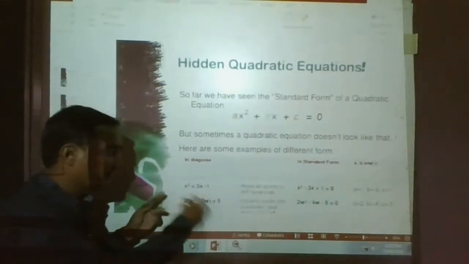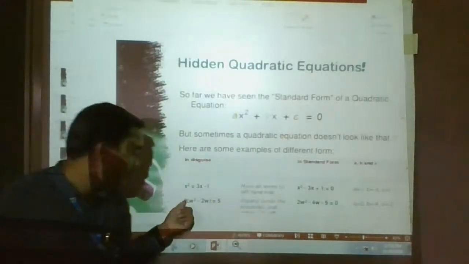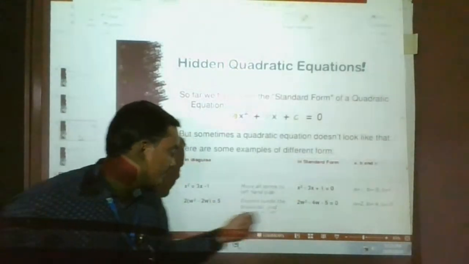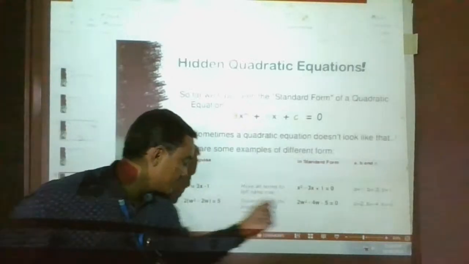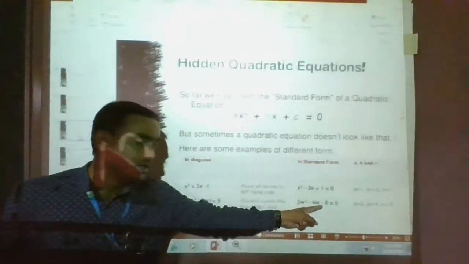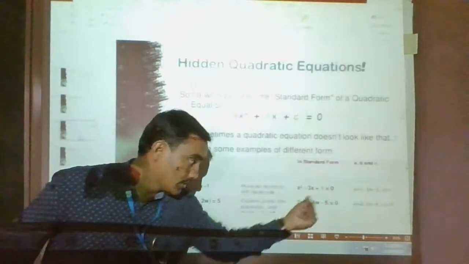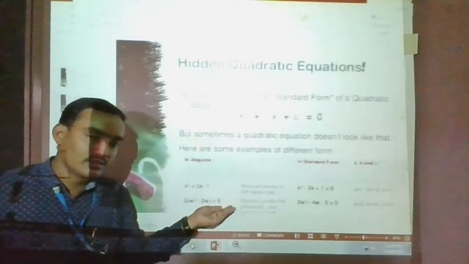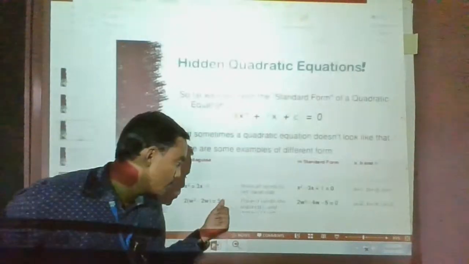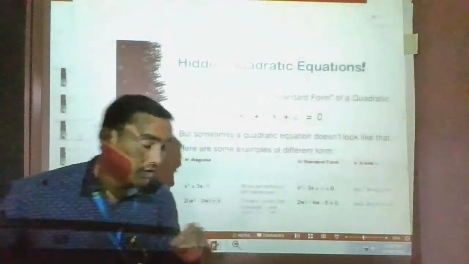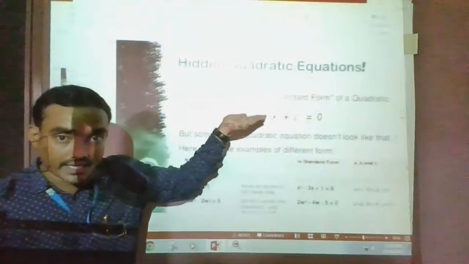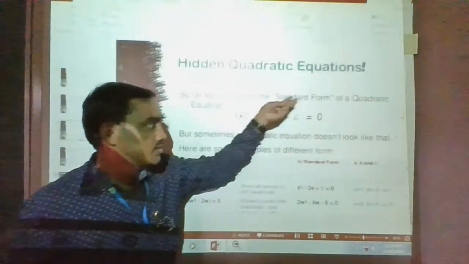Next, 2 bracket w square minus 2w is equal to 5. Is it a quadratic equation or not? First you have to simplify the bracket. Now 2 into w square gives 2w square, and minus 2 into 2 gives minus 4w, and the 5 moves to the other side, so when we change the place, the sign also changes. Positive becomes minus. Now compare with the main quadratic equation ax square plus bx plus c.